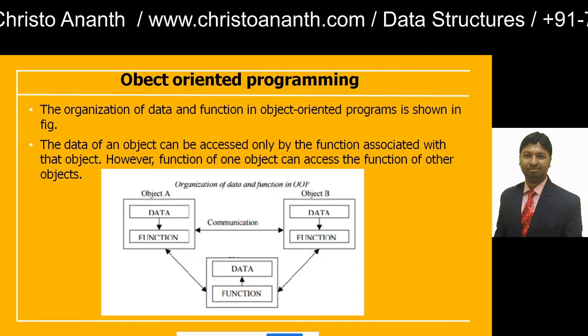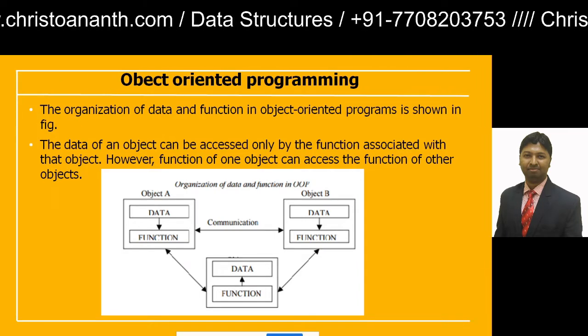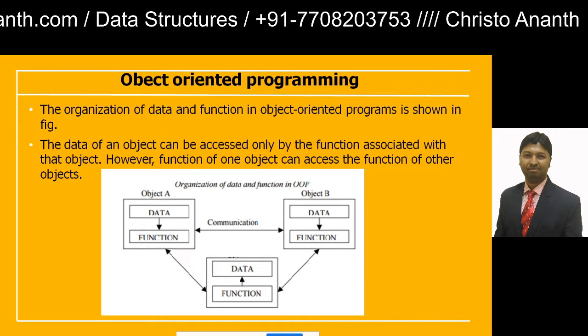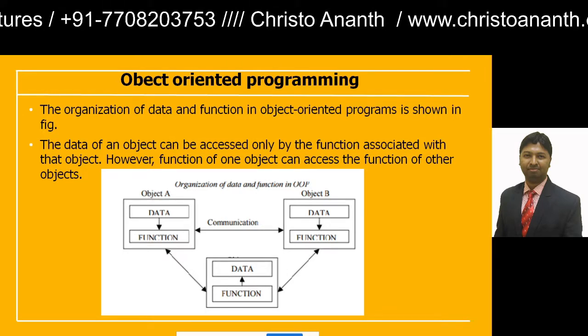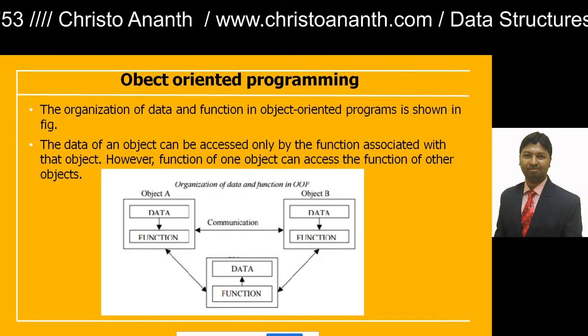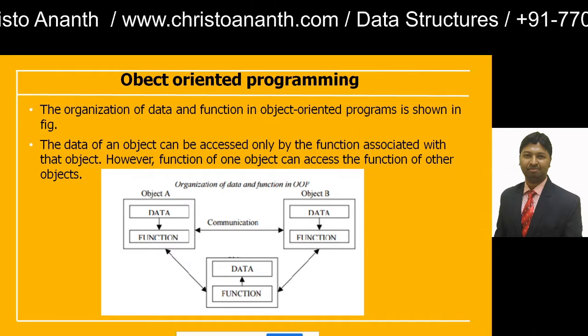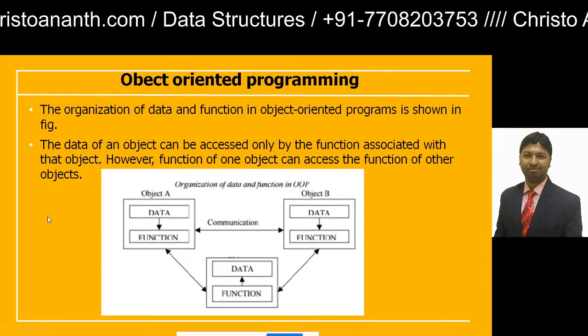This data can be accessed only by the function associated with that object, and it can communicate with another object. Similarly, you have a common intermediator, the data and function. Here the function of one object can access the function of another object. So this is the organization of data and function in object-oriented programming.